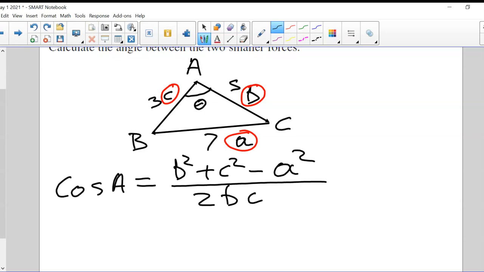The two sides around the angle we're trying to find are the B and the C side. The side opposite to that is the A side, and that's what I'm going to subtract. And then on the bottom, it's 2 times B times C.